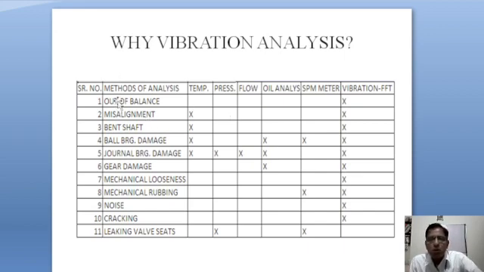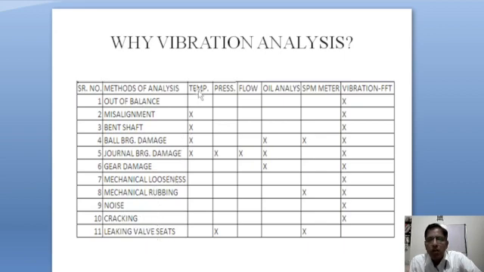The machine faults are imbalance in the rotor, misalignment in the shaft, maybe parallel or angular misalignment, then shaft bend, bearing faults, gear faults, mechanical looseness, mechanical rubbing or friction, noise, cracking, and leaking ball seats. So all these are machine faults.